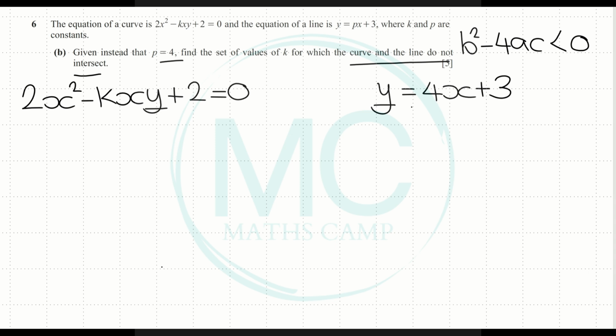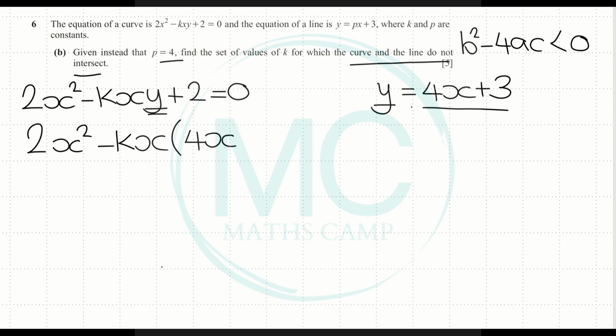And just like we did in part A, we can substitute 4x plus 3 into the y value in the curve. So we can say 2x squared minus kx, open a bracket, 4x plus 3, plus 2 is equal to 0.